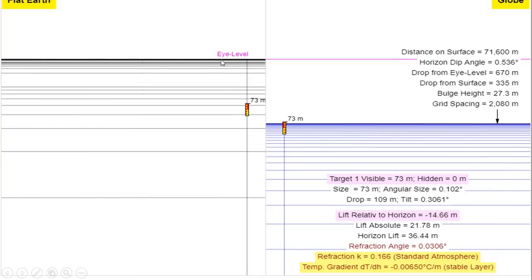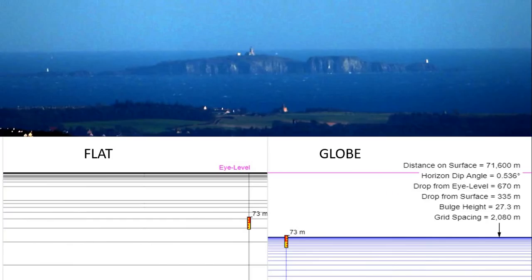Whether that's all the way out to eye level or somewhere in between, we should certainly be able to see water in this area. Just putting those two below the cropped version of the picture you've seen, you can see that the globe prediction matches closely with what we observe in reality, but the flat Earth prediction is very different to what we observe in reality.